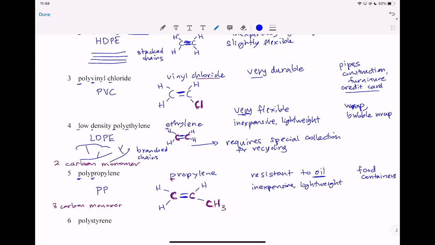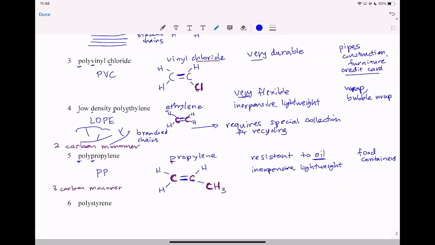Not all food is going to have oil in it, but restaurants buy all their takeout containers, and they want to make sure that all those containers are not going to disintegrate when you put the food in, whether it's a salad that has the dressing on it with oil or not. You always want it to be resistant to oil and not decompose because of the oil. Okay, so those are food containers, usually takeout containers.